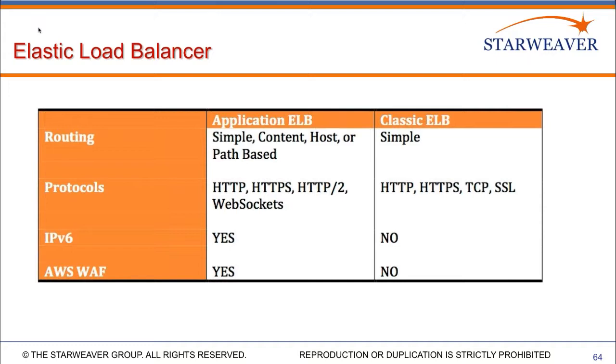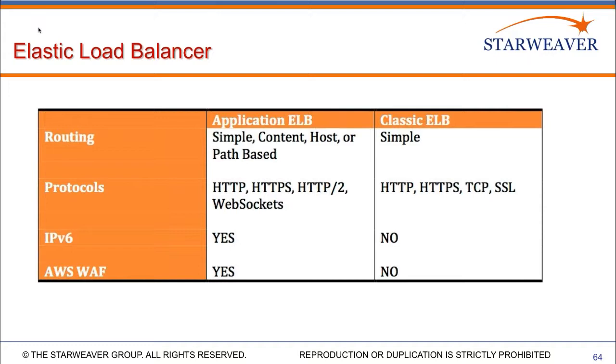So for example, you could have images.weighttraining.com, and that could go to a file server that has my images on it. And then I could have www point to another load balancer or web server instances or something like that. So the application ELB is aware of the nature of the request and sends to different target groups.